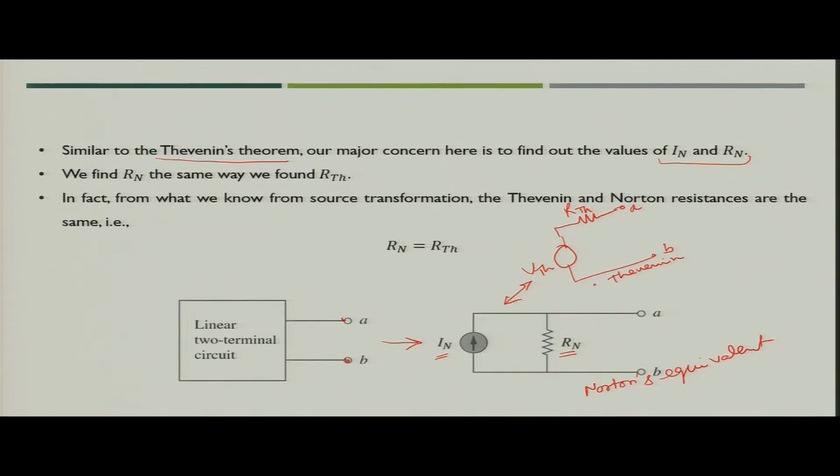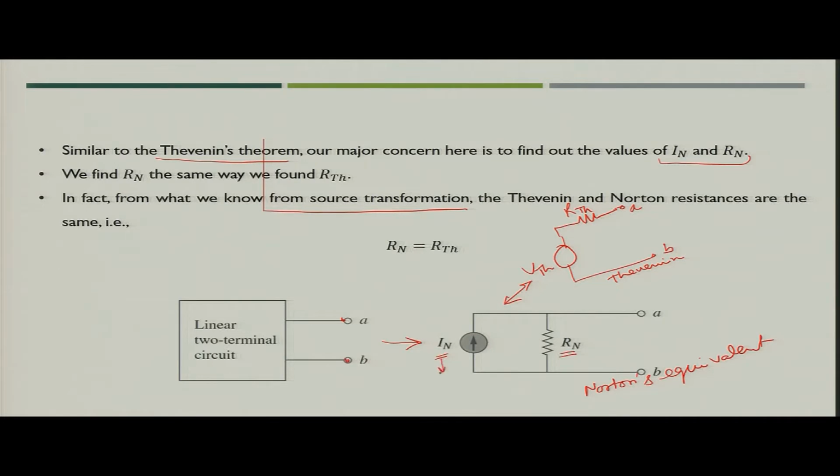If you see these two circuits, the Thevenin and Norton equivalents, they look very similar, if you recollect the source transformation we discussed in the previous week. If you carry out the source transformation from voltage source to current source, the voltage source divided by RTH, the resistance in series, would be the value of the current source.